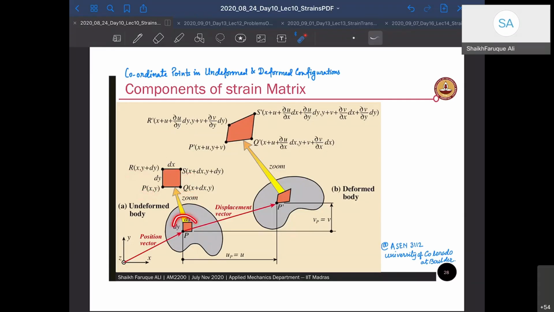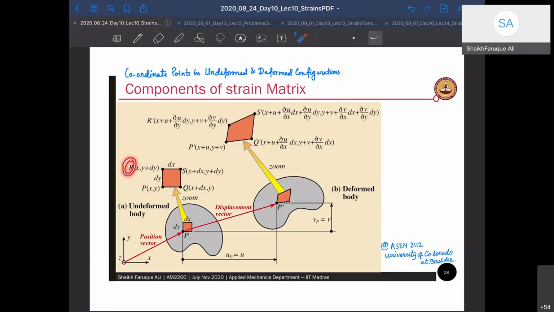The coordinates of P, Q, R, S: if I assume P to be X comma Y, then Q is going to be X plus dx comma Y, because they are in a straight line here. S has moved from P along both the X direction and the Y direction, so it is X plus dx comma Y plus dy, because this distance is dy, this distance is dx.